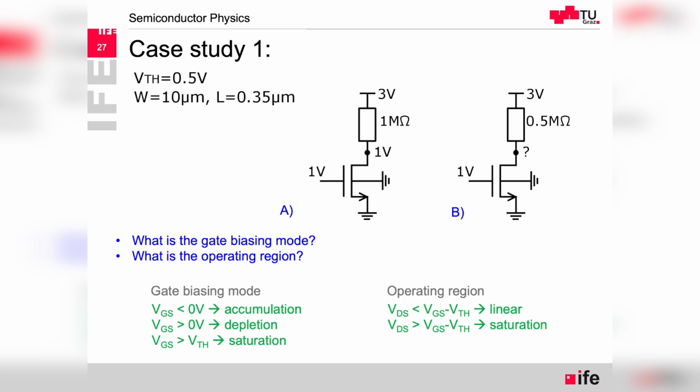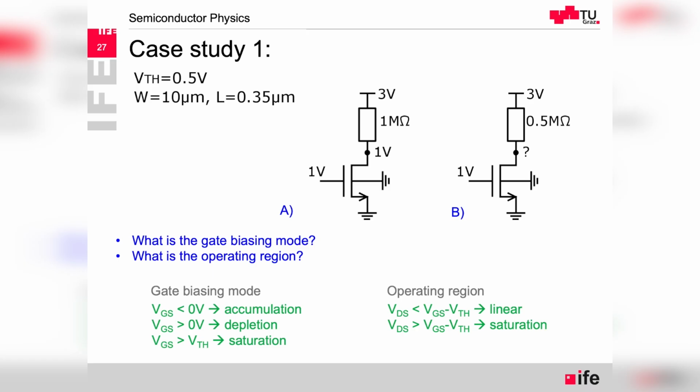Regarding the operating region, in the first case, there is a certain current that produces a voltage drop across the resistor, which gives 1 volt here. And if we know that it's 1 volt, then we can also calculate that this transistor is going to be in saturation. Now, what about the other one?